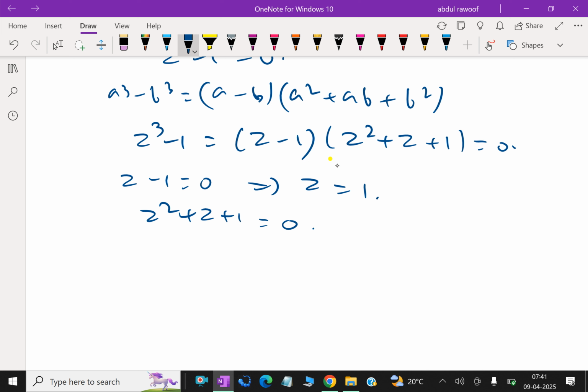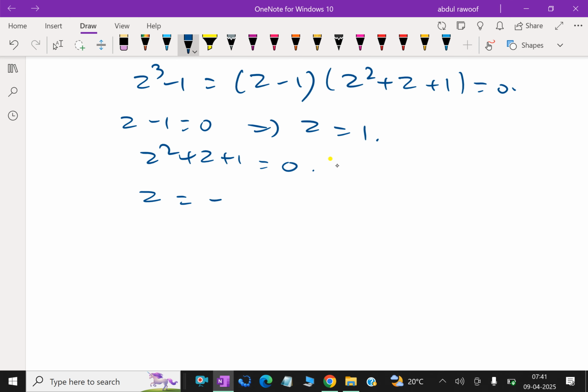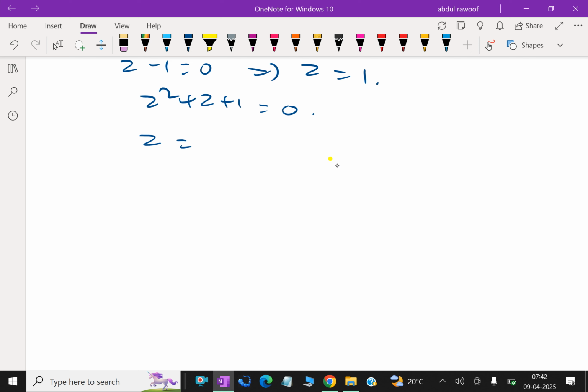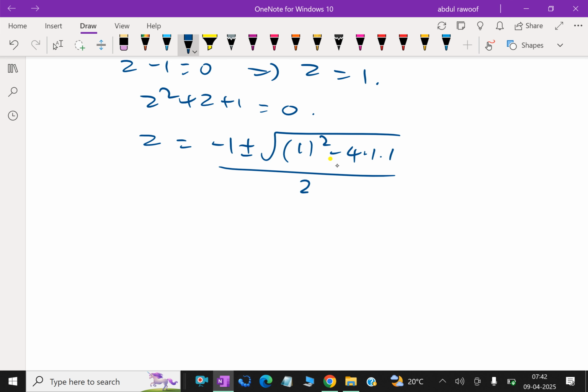By solving this quadratic equation, z = (−b ± √(b² − 4ac))/2a, which equals (−1 ± √3 i)/2.